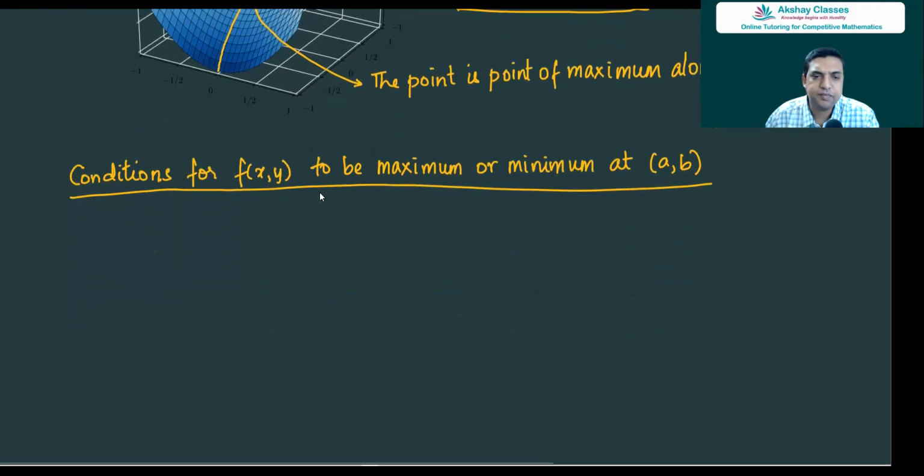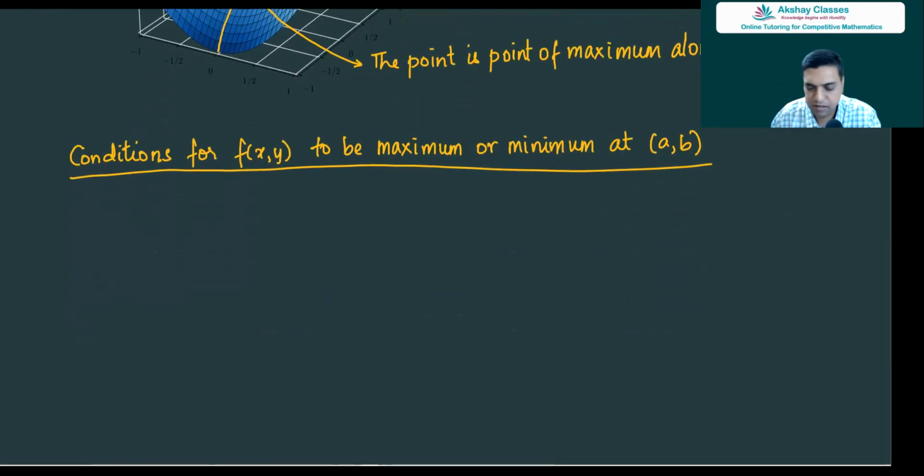For that, let delta be f of a plus h comma b plus k minus f of a comma b.